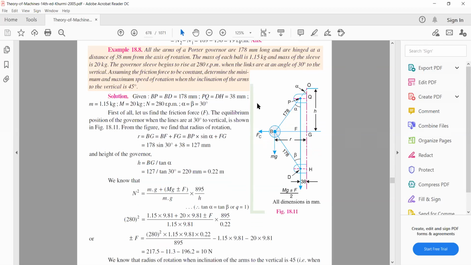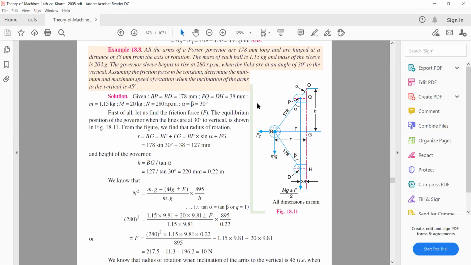So, Porter governor problem. All of you read the problem. All the arms of a Porter governor are 178 mm long and are hinged at a distance of 38 mm from the axis of rotation. The mass of each ball is 1.15 kg and the mass of the sleeve is 20 kg.